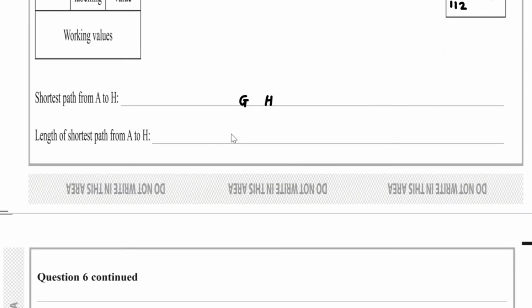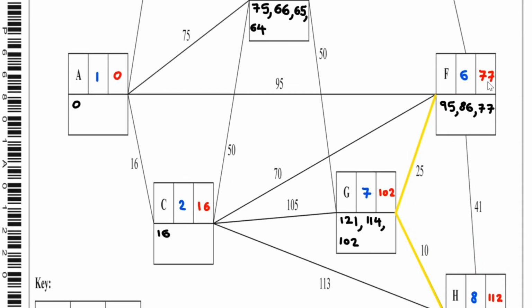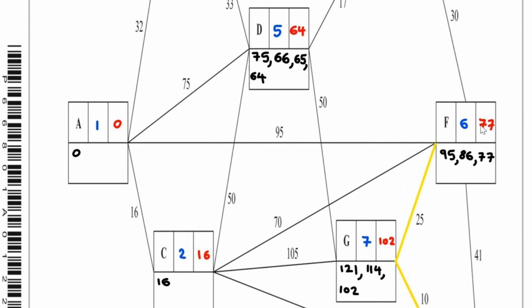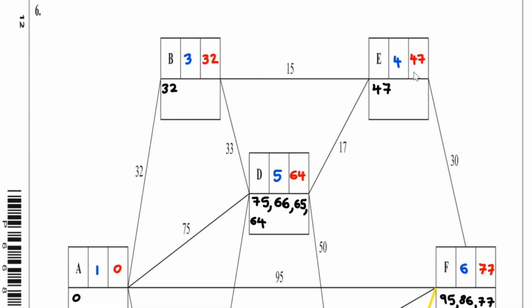So before G we had F, and then here we are at 77, and if I take away the 30 I end up at E with 47. So I need to go this way.